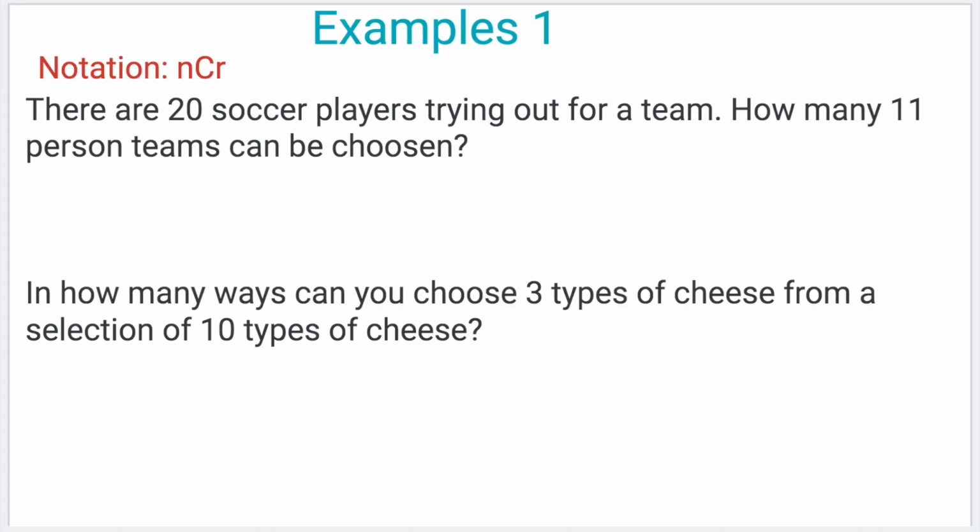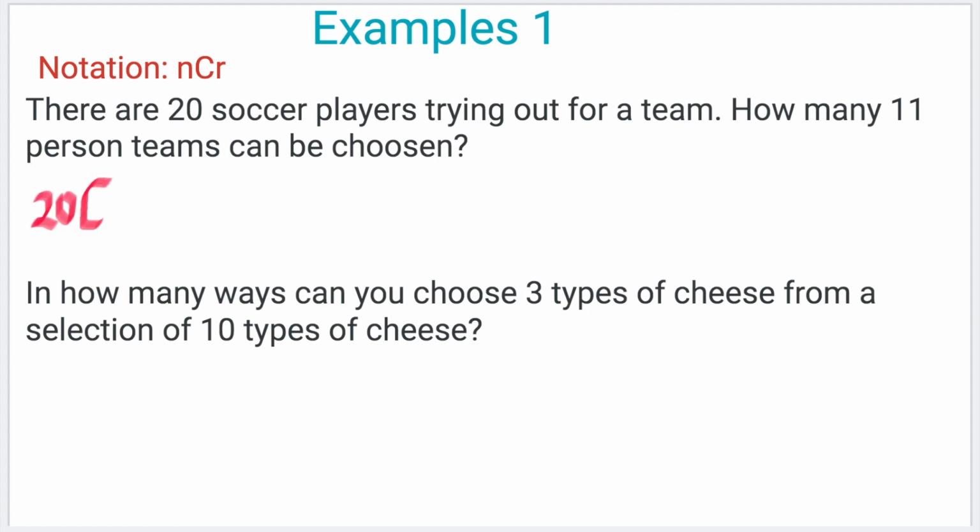So let's take a look at the first example using these 2 questions to understand combinations. The first question reads, there are 20 soccer players trying out for a team. How many 11-person teams can be chosen? Do we care about the order of those 11 people that are going to be chosen? No, so this is combinations. We're going to use the notation nCr to figure out how many 11-person teams can be chosen.